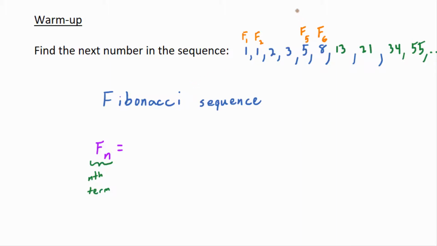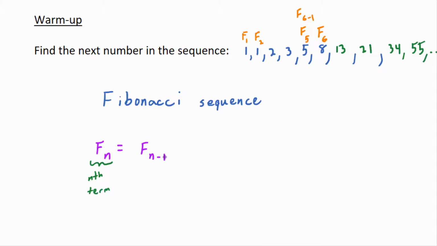Which is really F subscript 6 minus 1. So the term that comes before the nth term is represented by F sub n minus 1, because the nth term is represented by F sub n.